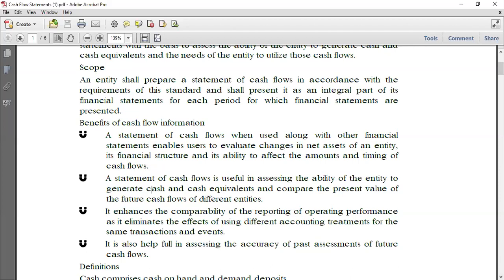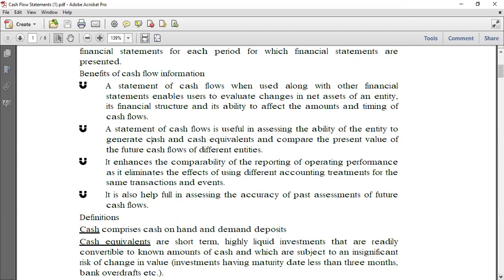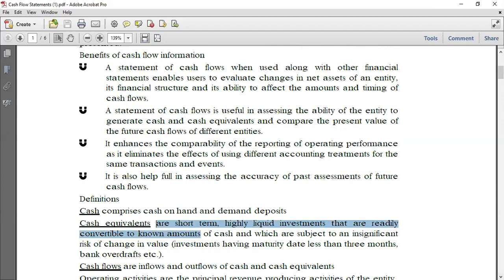But cash equivalents are basically short-term, highly liquid investments that are readily convertible to known amounts of cash and which are subject to an insignificant risk of change in value.